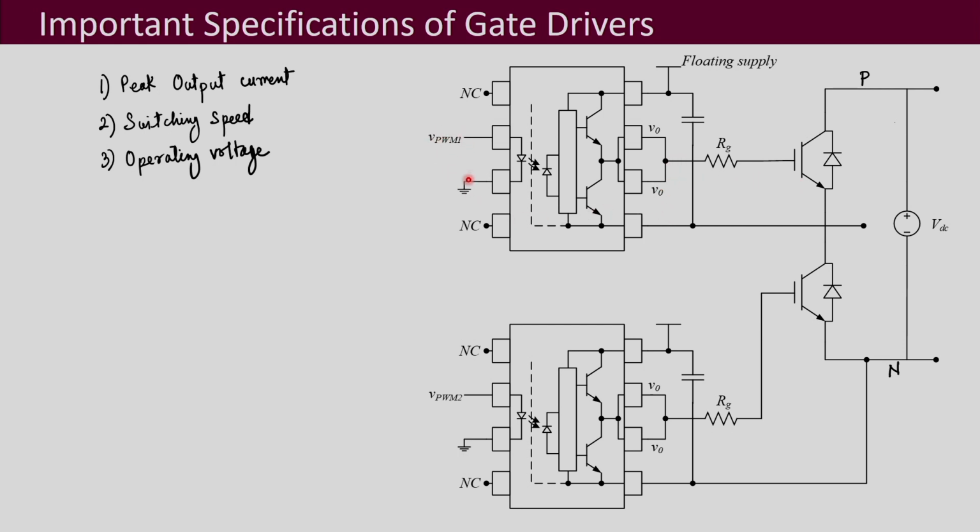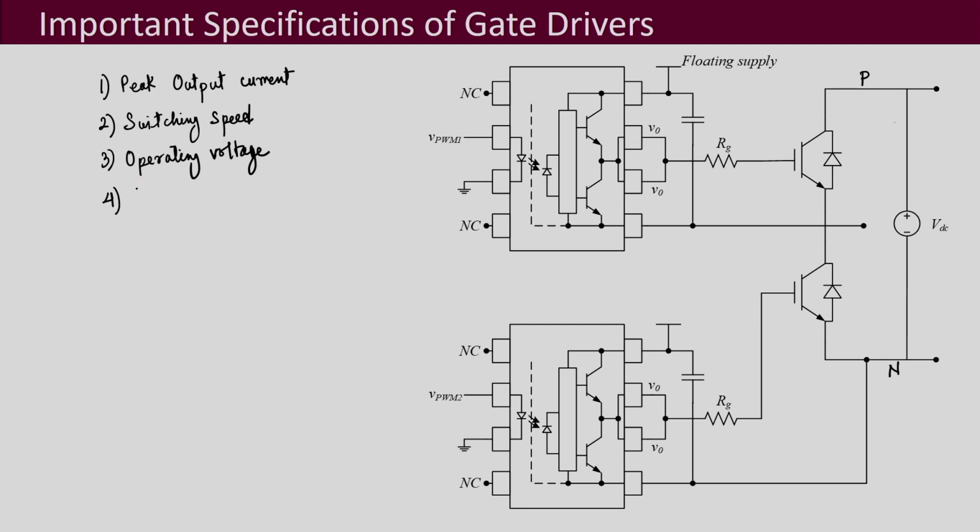Next is this VPWM1, whatever the voltage it can allow, it should be compatible with whatever controller you are using. That controller, whatever voltage it is giving as output, 3.3 volt, 5 volt or 15 volt, whatever voltage it is giving, this driver should be able to allow that much input voltage over here. So the operating voltages of the gate driver IC you should also be checking for.